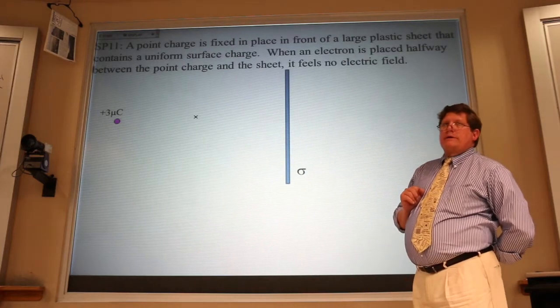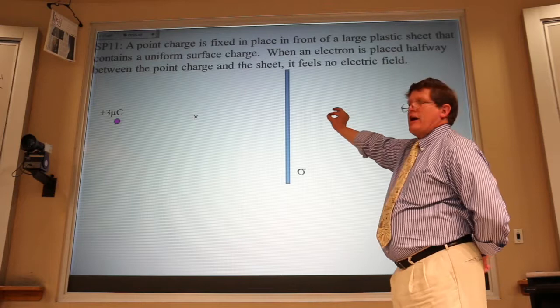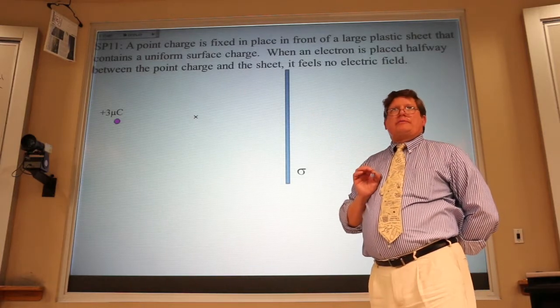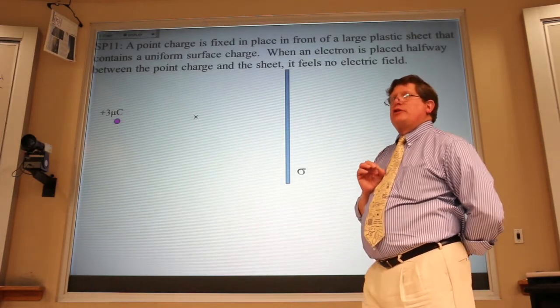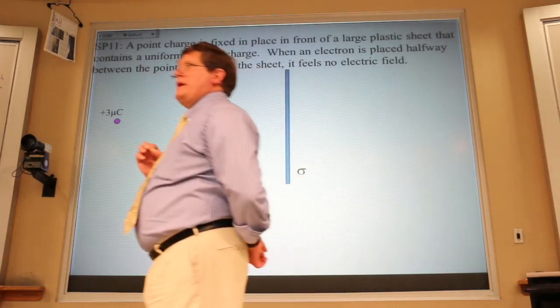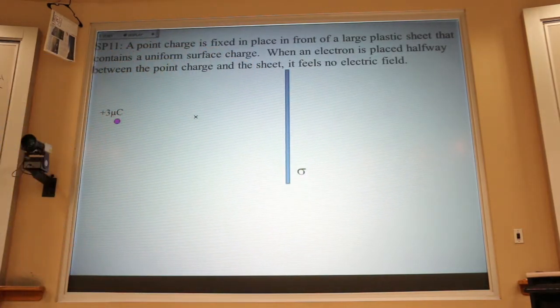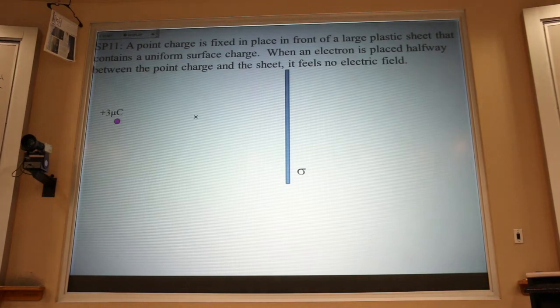We are told that if we put an electron at that x, which is an equal distance between the two, 20 centimeters from each, it experiences no electric field. It experiences no electric field because there's no electric field there to experience.